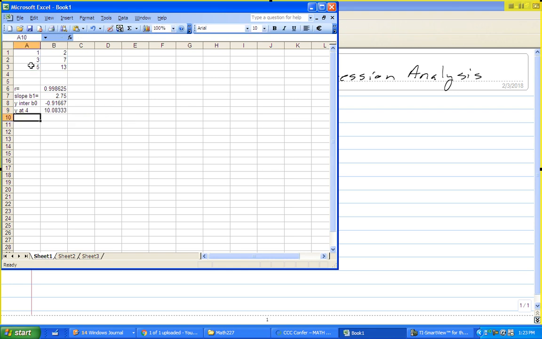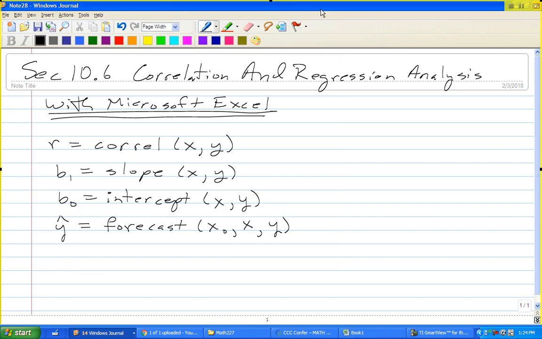And you should see, yes, somewhere about 10. Okay, good. So that's how you would input these into Excel to figure out all the different values. So that finishes off section 10.6.